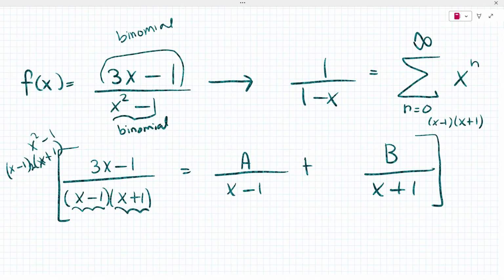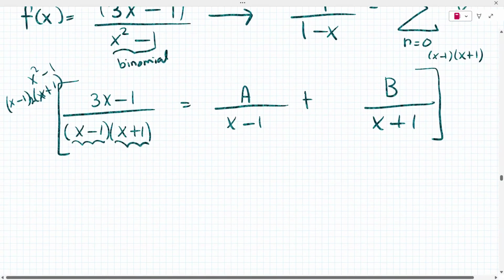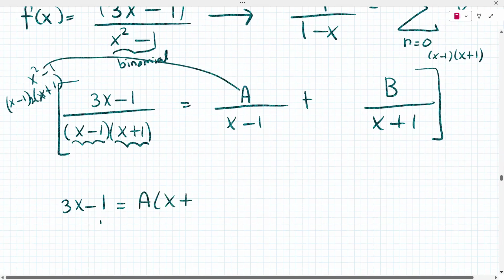So over here, the denominators cancel, and you're left with 3x minus 1. Over here, the x minus 1 cancels, so you're left with A times x plus 1. Over here, the x plus 1 cancels, so you're left with B times x minus 1.